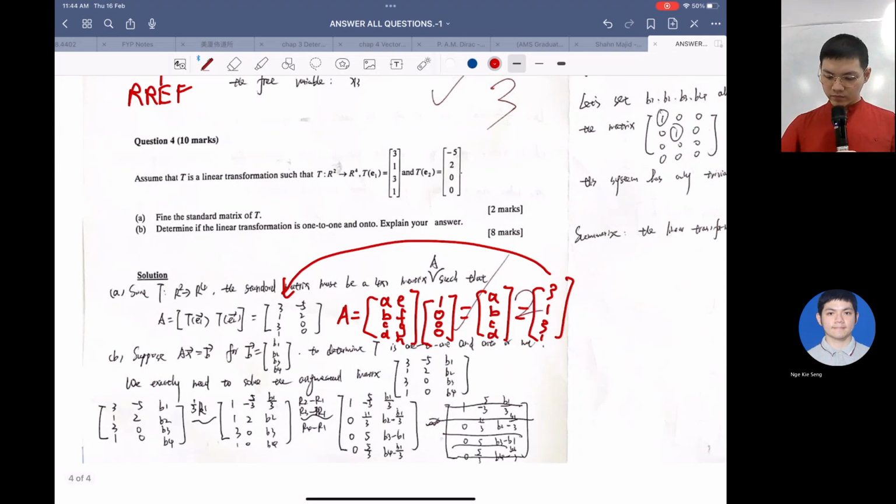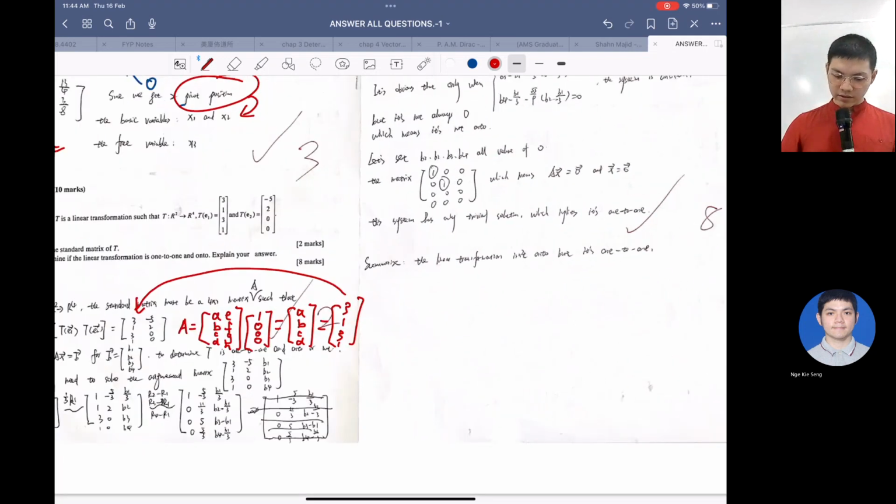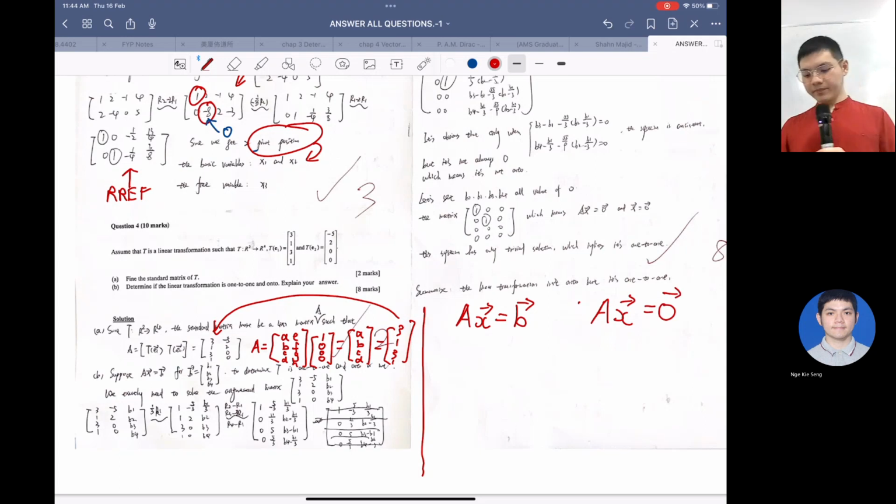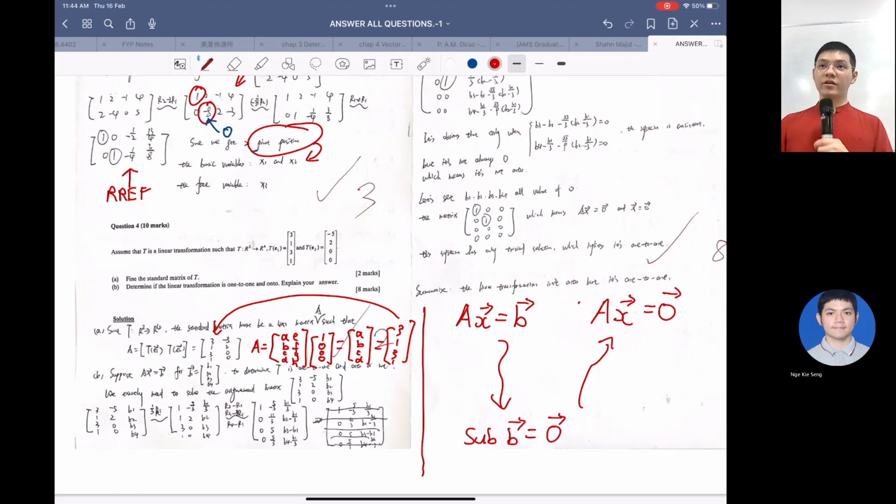So if you learn this course, you reduce this system of linear equations, and the other is homogeneous. Really, these two are the same. You can do this and then sub B equal to 0, then you will get this. So you don't need to do it twice.